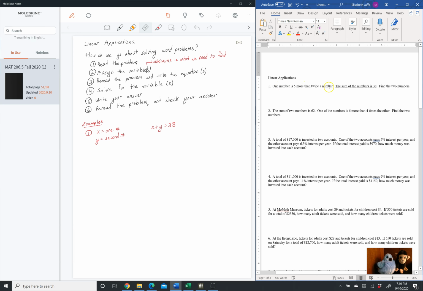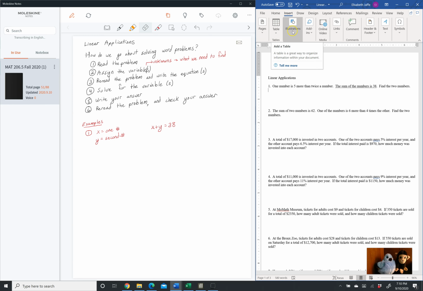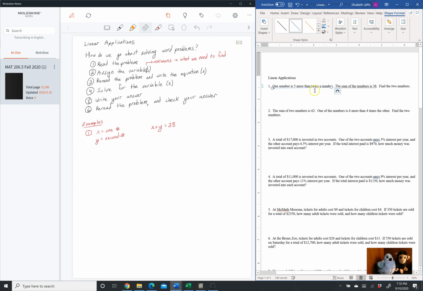This one, number is 5 more than twice a number, is a little bit harder. And the way that we work through this is actually by working backwards. So we work backwards through the sentence.